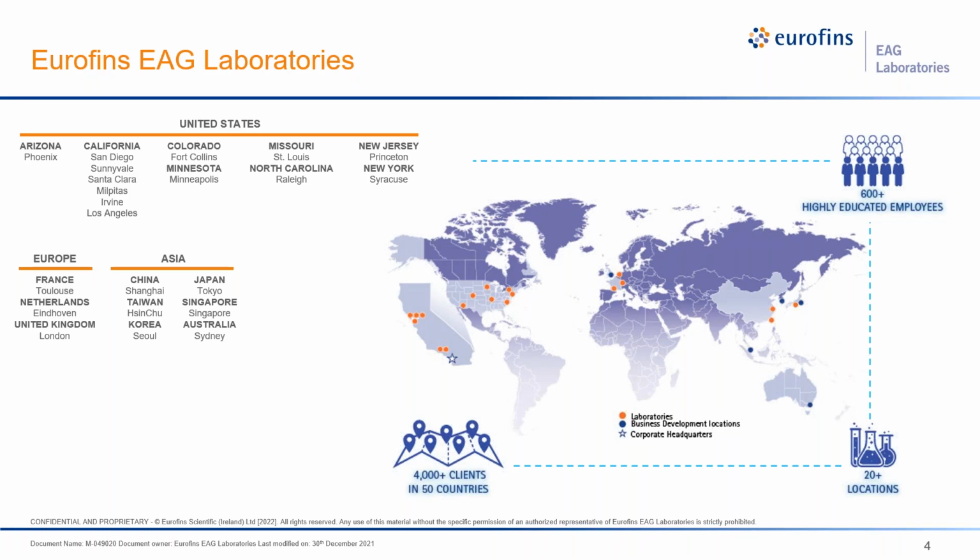With 16 laboratories and 5 business development locations around the world, we serve more than 4,000 industrial, governmental, and academic clients. Today, I will speak about laser ablation ICP-MS from the perspective of our Syracuse, New York, USA facility where I am based. However, I should note that we also offer extensive laser ablation capabilities at our Eindhoven, Netherlands laboratory.